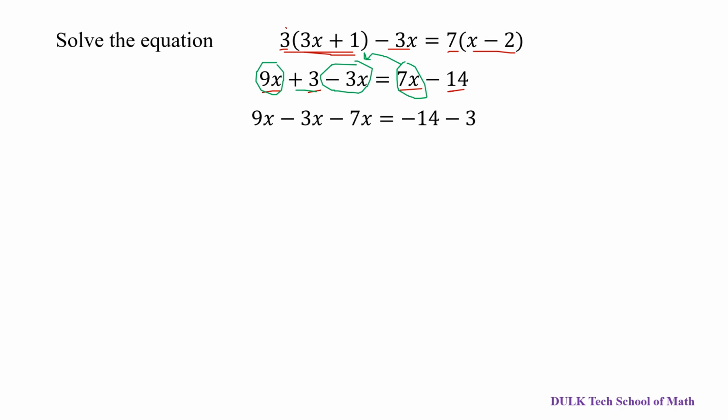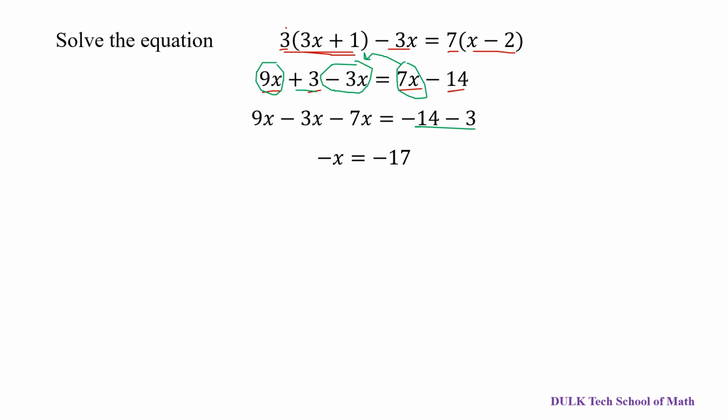Right, let's simplify. 9x minus 3x, 6x. 6x minus 7x, it's minus x, like this. So it is minus x, and at the same time minus 14 minus 3 simplifies to minus 17. So our equation is now minus x is equal to minus 17, and in this case the coefficient of x is minus 1. Right, so the choice is yours.